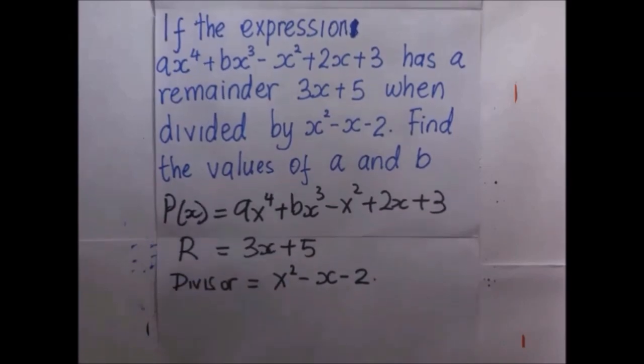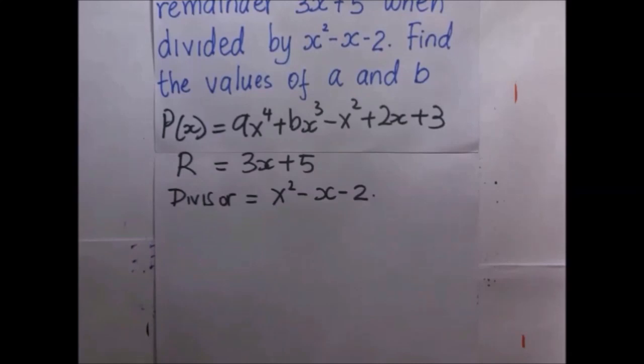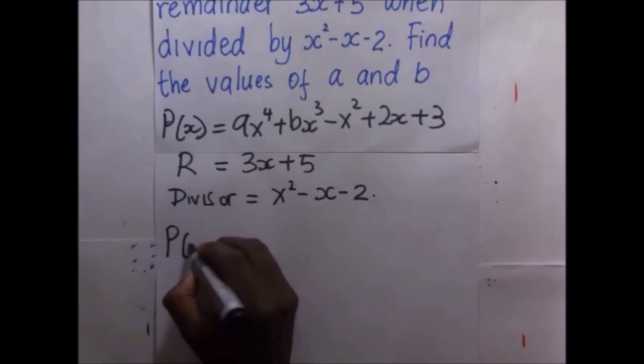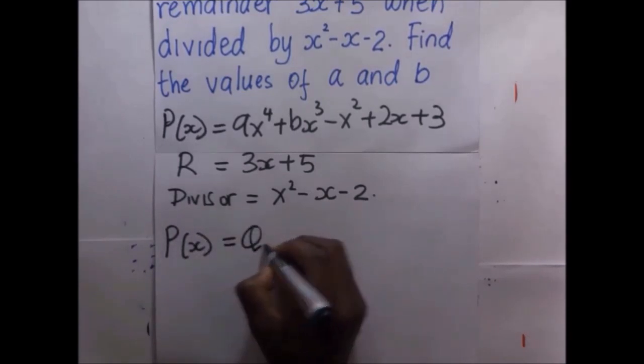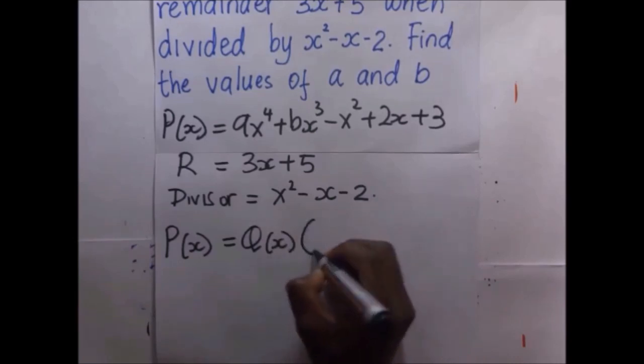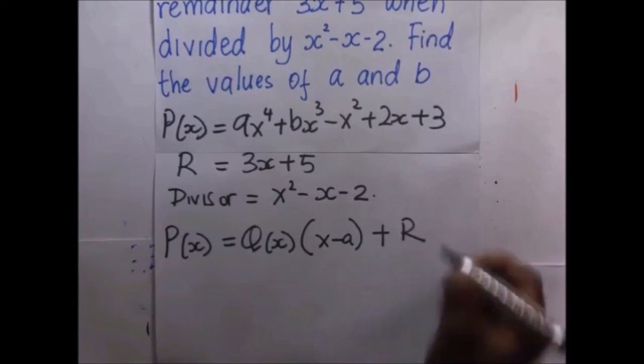They're asking us to find the values of a and b. In our polynomial, our divisor and our remainder look like that. Now, we all know that our polynomial is going to be equal to the product of the quotient times the divisor plus the remainder.